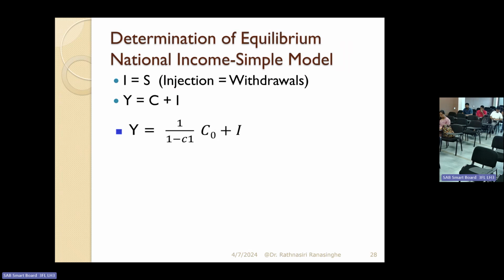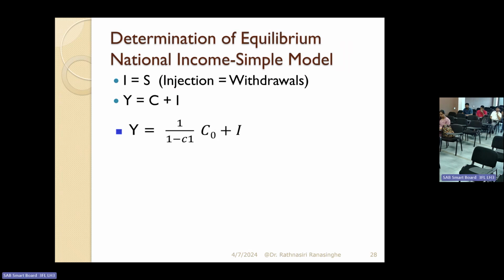But here we talk about a simple economy where there are only households and firms. So the main two variables are consumption and investment. From the household side, consumption, we denote as C. From the firm side, we take investment.